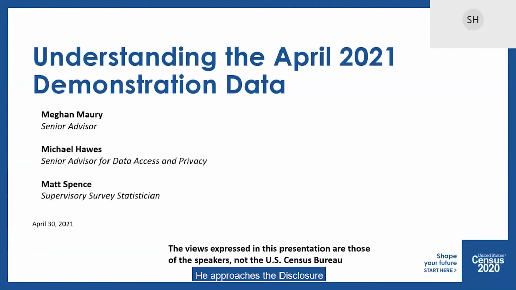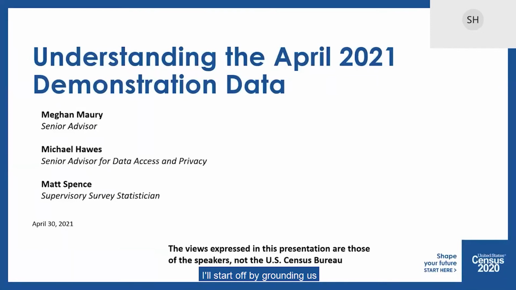He approaches the Disclosure Avoidance System both as an internal data user, looking at how changes to the algorithm perform for the purposes of his own data use, but also is part of the team that's helping to provide the tools that let internal and external data users more easily see the changes to the algorithm reflected in the ultimate data that's produced. And there's Matt now.